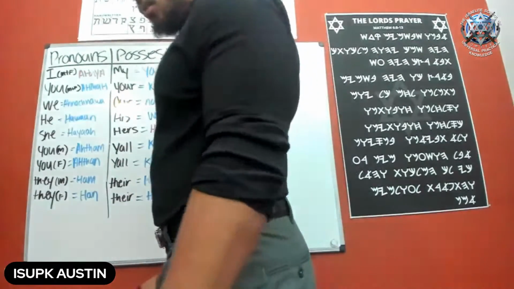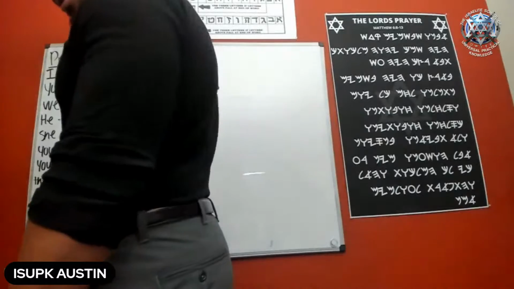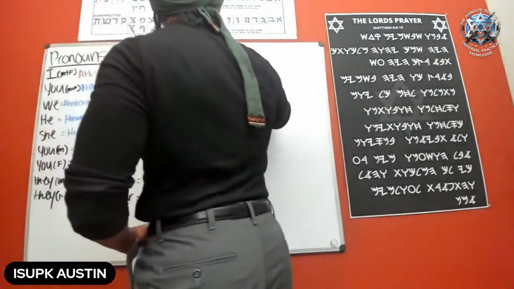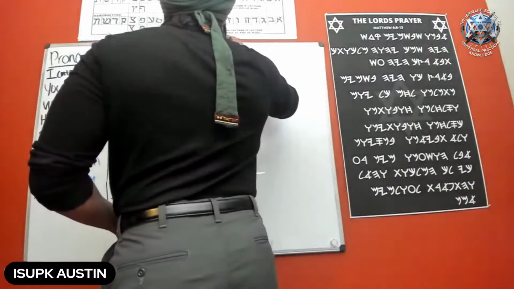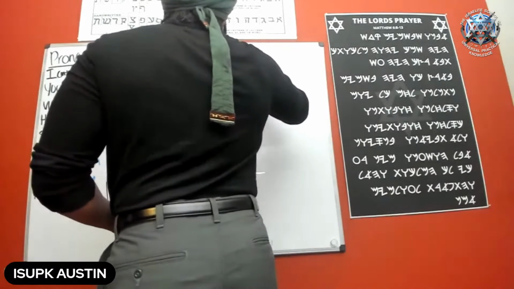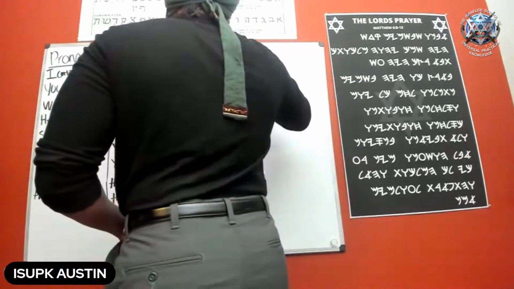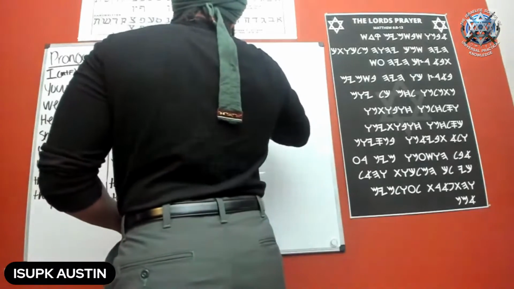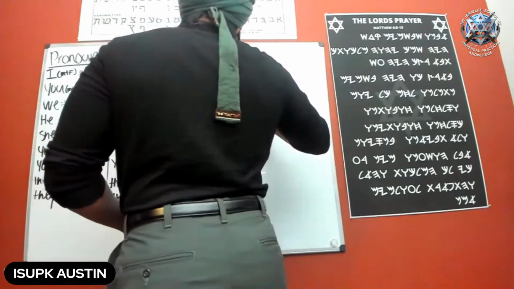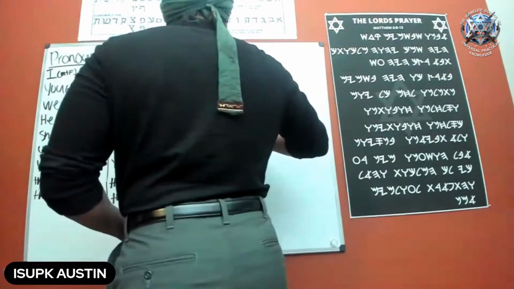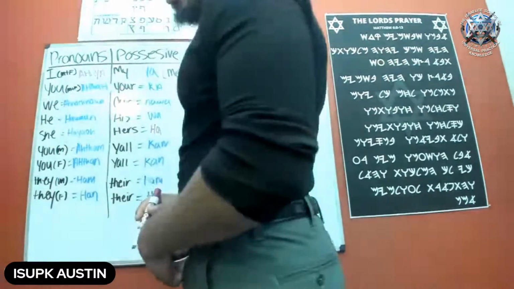All right, so we have who, what, when, where, why. The majority of the time when you try to ask a question, you use one of these.